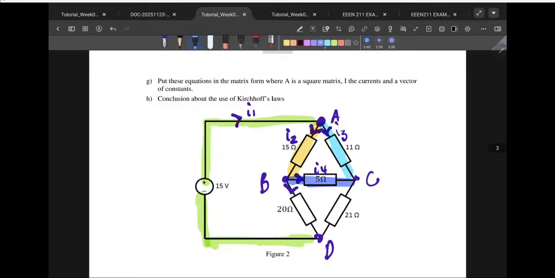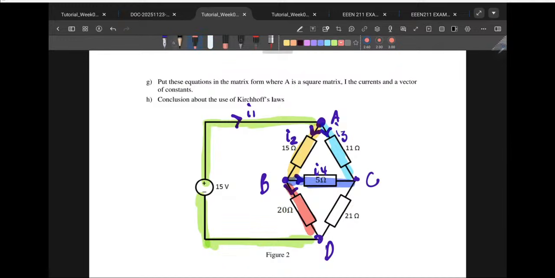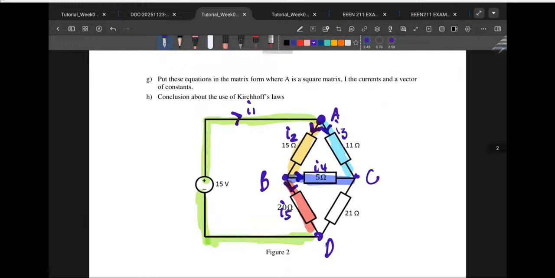Then here we're going to have orange, and this is going to be the 6, so we are going to have I6. And this idea of saying I1 all the way up to I6 is not for solving. It's for the rest of these questions that they want you to do in your exam. You need to do this.